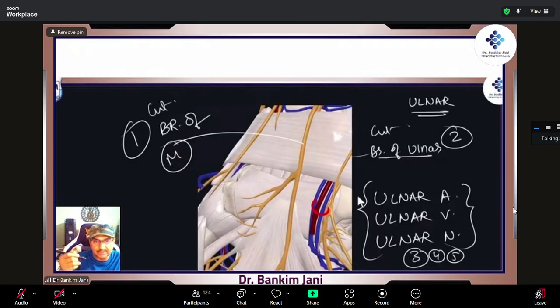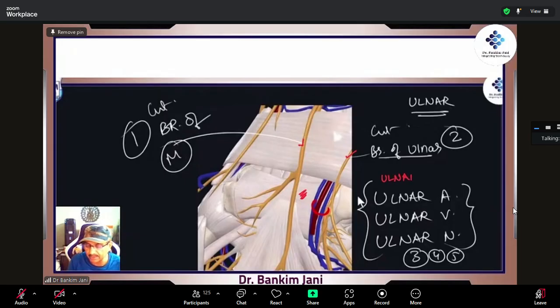Now the structures which are superficial to this. This is the flexor retinaculum. We are dealing with the superficial structures. So this one structure is done, then this was the second structure that is also done: cutaneous branches. And then we have a complete package, called the ulnar package.